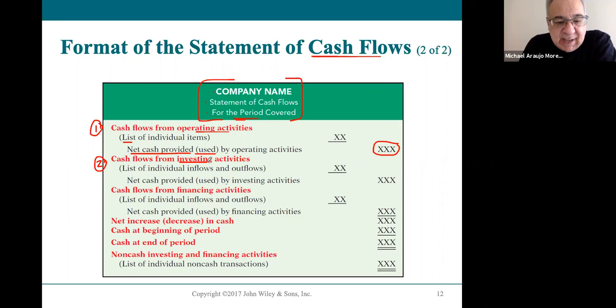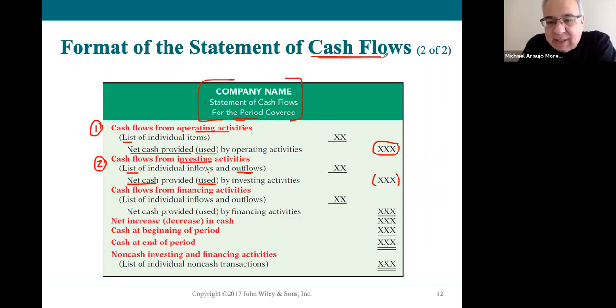For investing activities, you want the company to be buying long-term assets because you want the company to be committed to growing more sales revenue and more profitability. So oftentimes in this list of individual investing activities, you'll see more money going out than going in. And that's okay. That's a good thing, right? So what you'll see is there's going to be net cash used by investing activities. This number will come up in parentheses looking like it's negative.